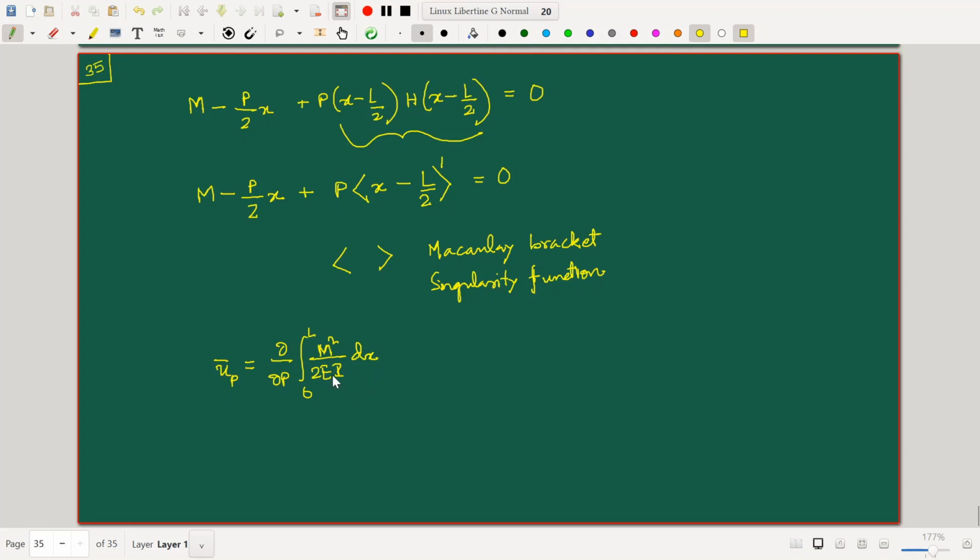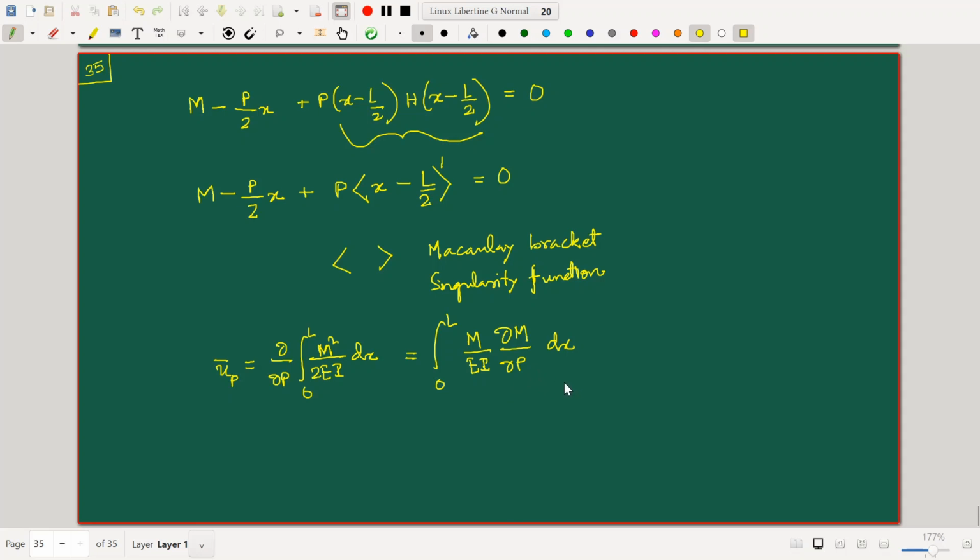You note that irrespective of what this M expression is, involving Macaulay brackets or not, this can be simplified very generally: if we do the differentiation within the integration sign, then this basically comes out as the integral of M by EI times del M by del P dx.